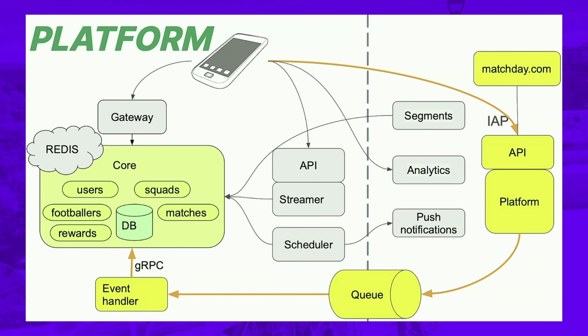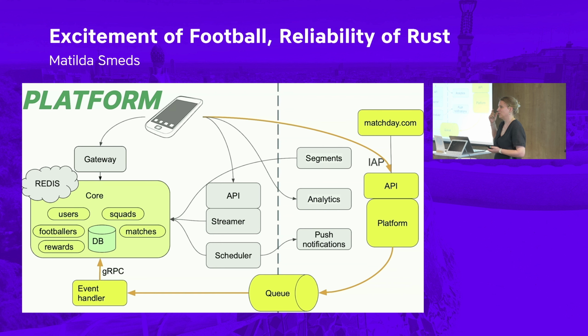So the player buys a card, and the platform puts an event on the queue, card has been bought. We have this event handler service consuming from the queue, which is SQS in our case, and that stores the card data on that user's roster or card collection.